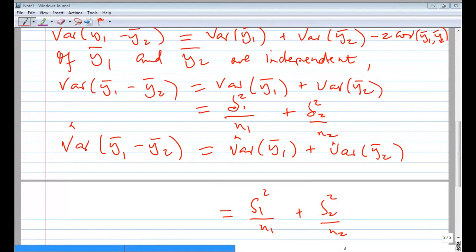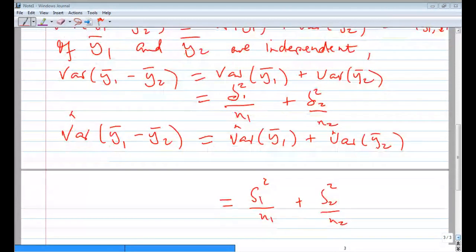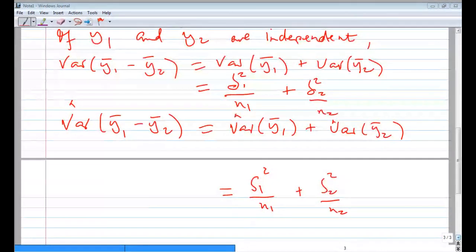S1 squared is a sample variance, isn't it? So that's it. So those are the estimates for the mean and variances.